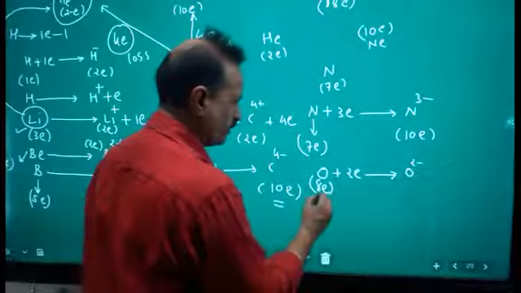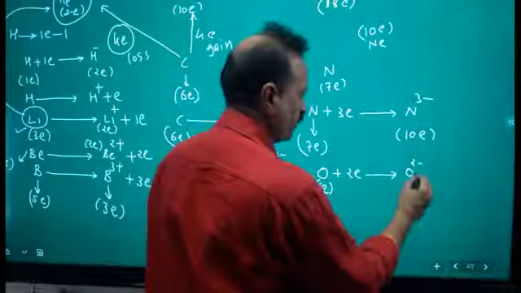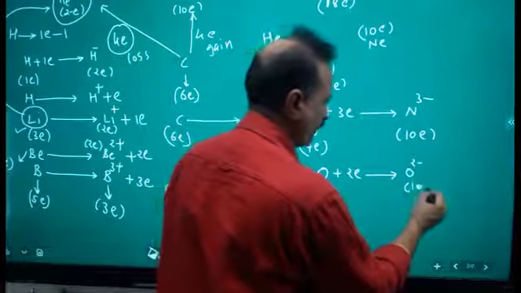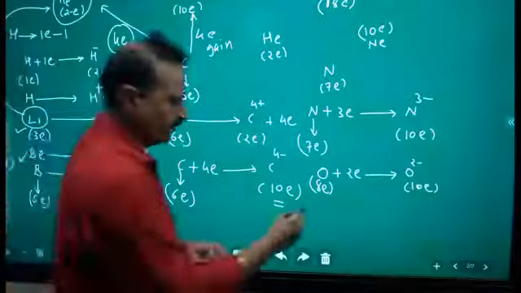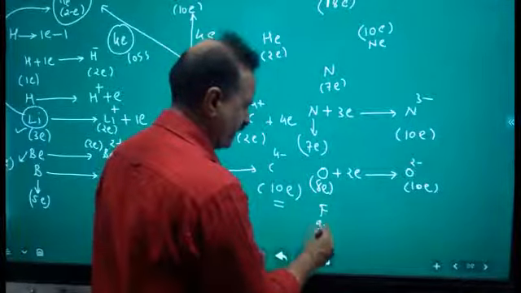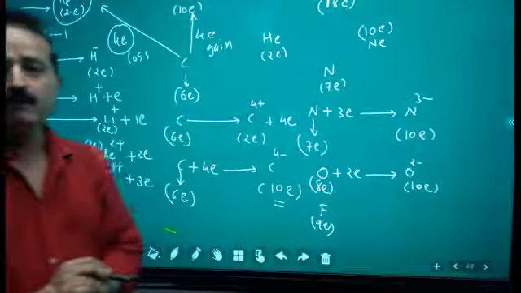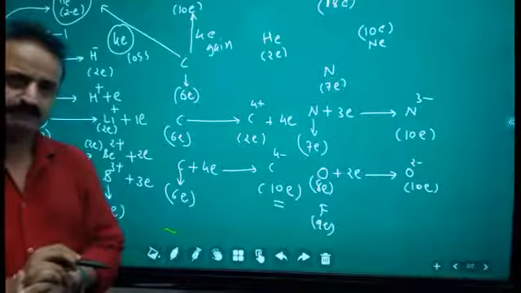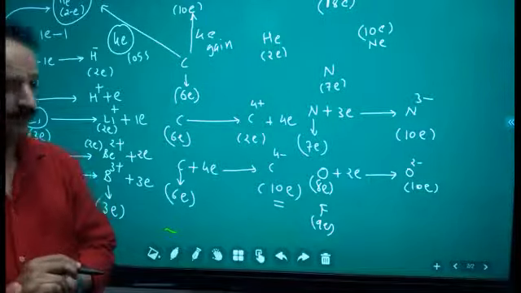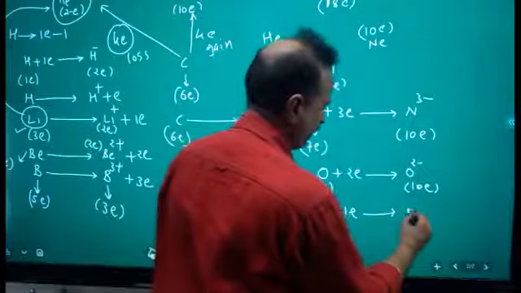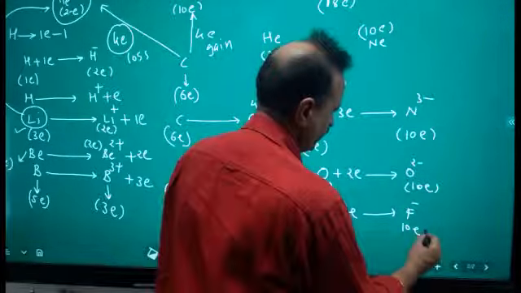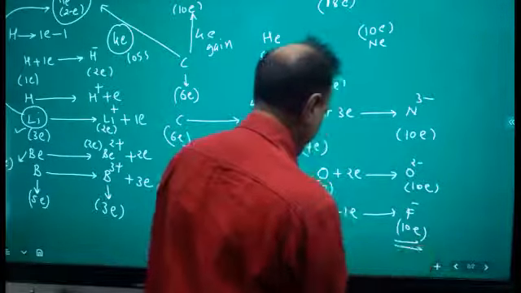Neutral oxygen has 8 electrons, oxygen 2 minus has 10 electrons. And last, fluorine, atomic number 9, 9 electrons. The nearby noble gas is neon, so it will gain 1 electron and the fluoride ion will have 10 electrons. Very interesting, very important.